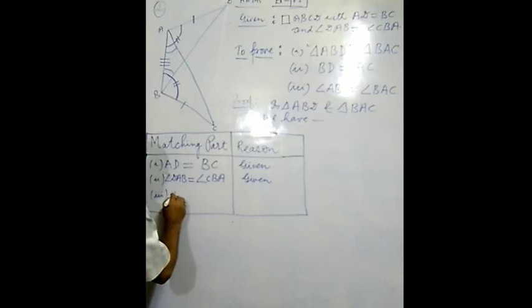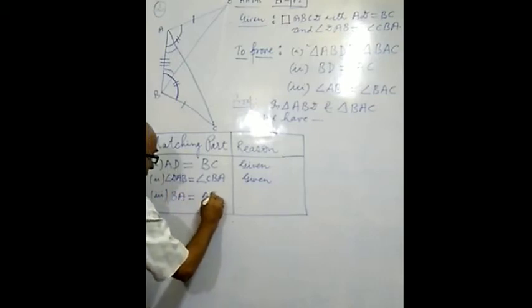This is part of this triangle, and it is also part of the other triangle. It means this AB is common, or you may write BA equals AB. The third part is BA equals AB, and the reason is: this one is common.